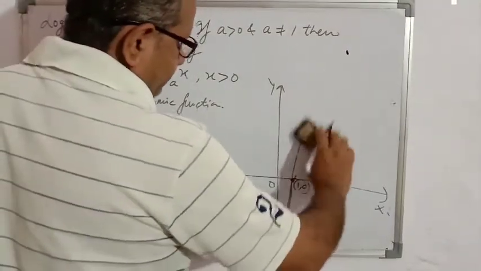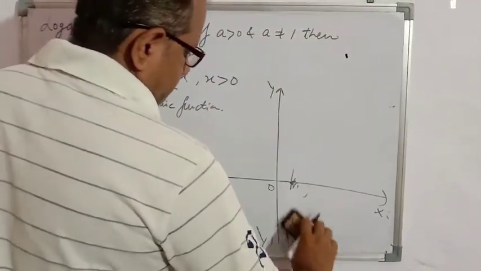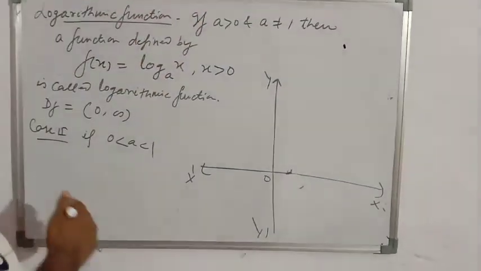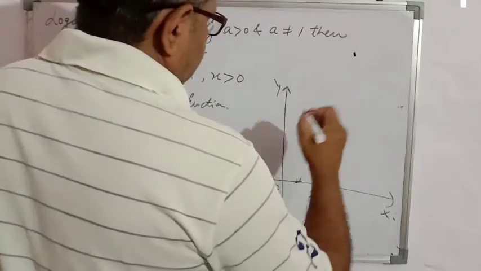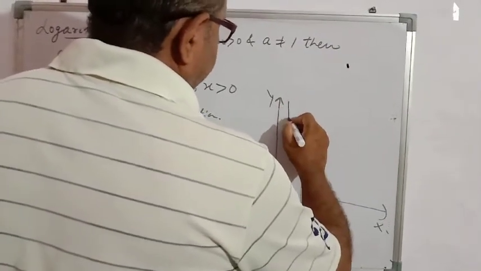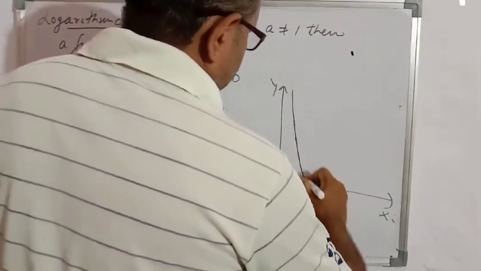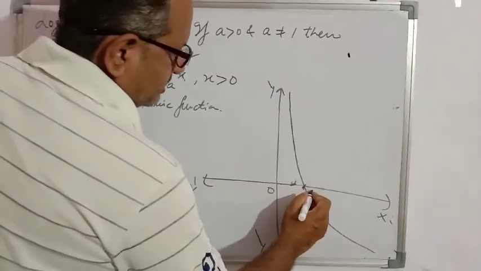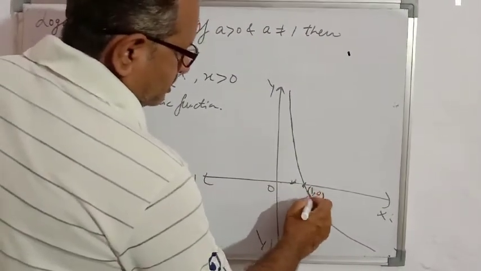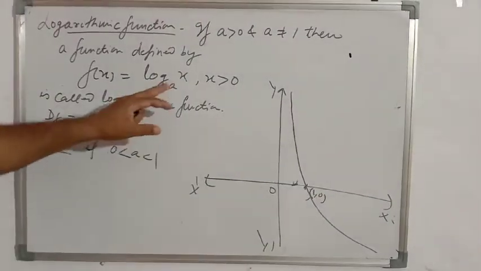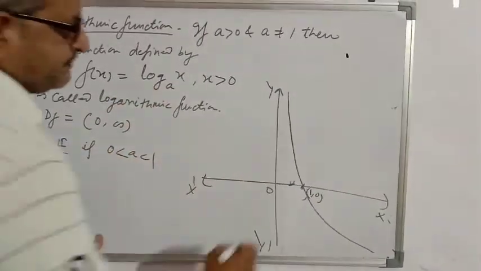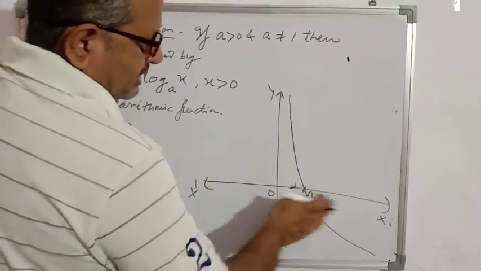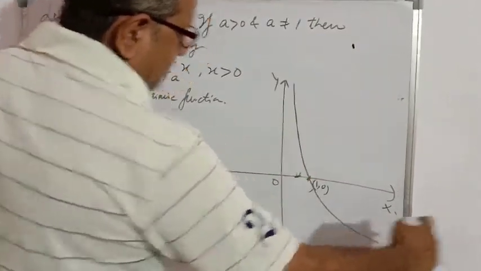So see the graph. In the second case, the graph is like this, and this is (1, 0). At x equal to 1, log 1 is 0. So as x increases, f(x) decreases.